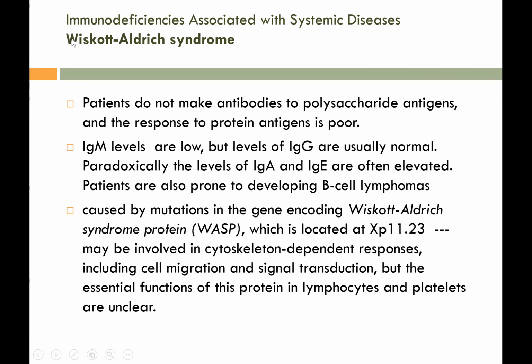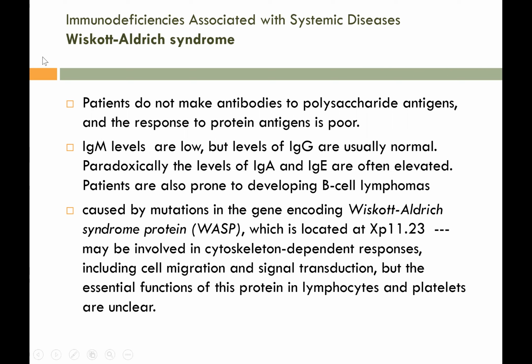If you invert W, that will be letter M, and that will remind you that the IgM levels are low and the IgG are usually normal. The IgA and IgE are often elevated, and they are prone to develop B-cell lymphomas.